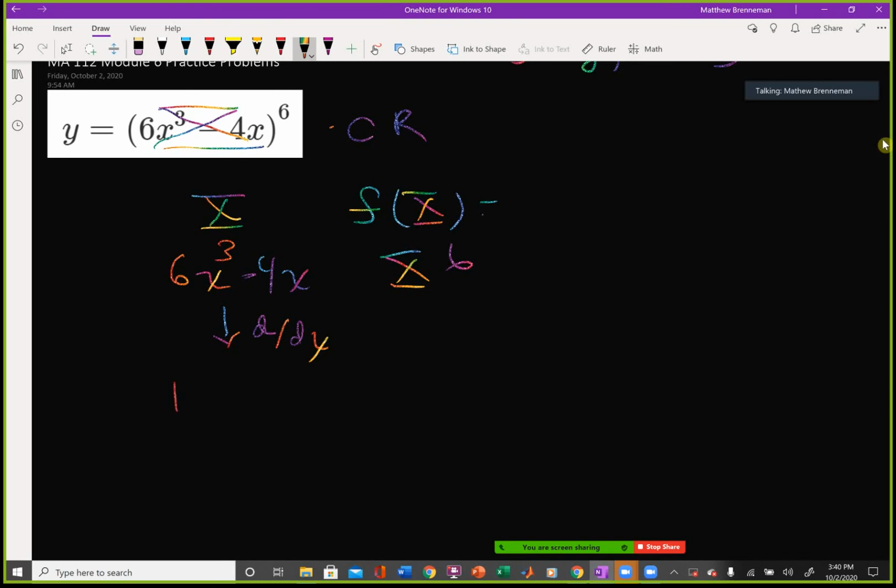I'll get 18x squared minus 4. And when I'm taking the derivative of the outside function, remember I replaced the inside function by a new variable. So here I'm going to take the derivative with respect to capital X now.